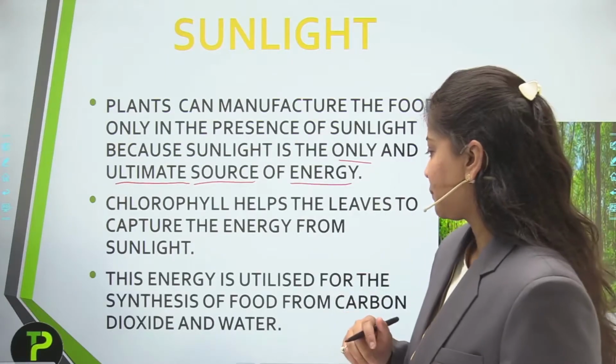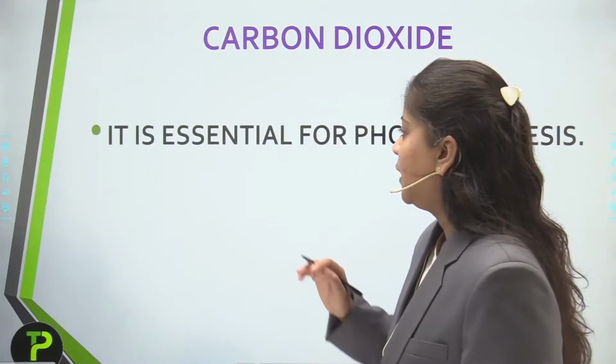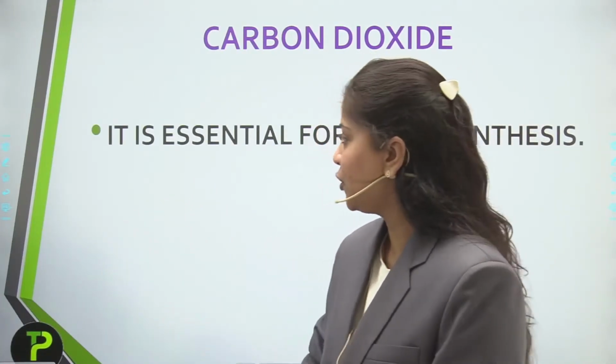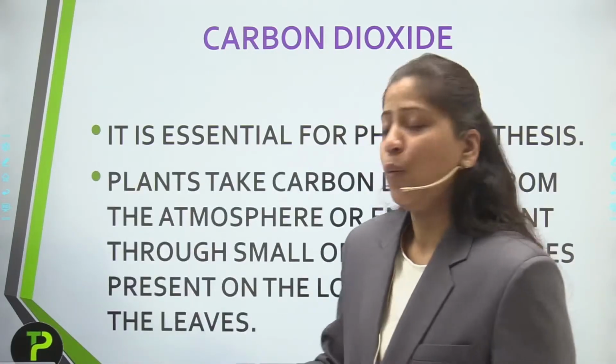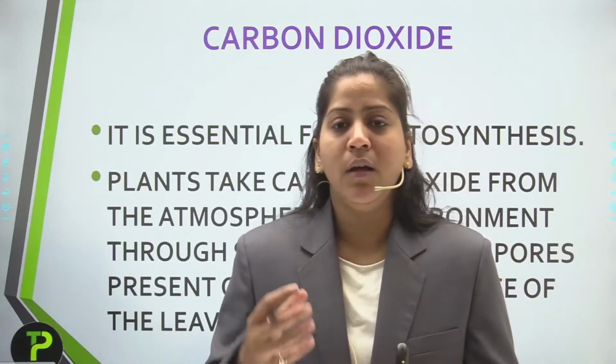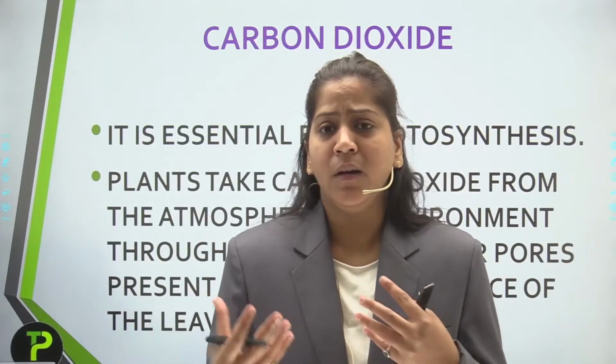Next is carbon dioxide. It is essential for photosynthesis to occur. This is the third condition for photosynthesis. Where do plants get carbon dioxide? As we know, we have many chemicals in our environment, and among them we have carbon dioxide.